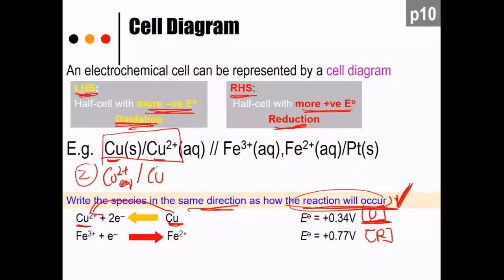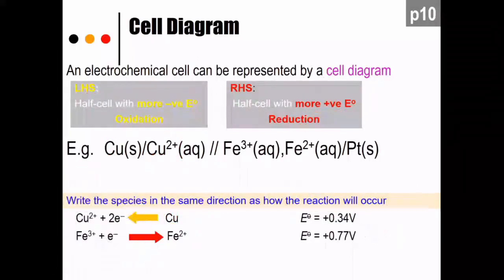So when you read from left to right, it must represent oxidation. Therefore, oxidation is where copper is oxidized to copper 2 plus. And hence, copper must come first, followed by copper 2 plus, because when I read from left to right, it must show the oxidation reaction. Okay, follow? So write in the same direction as how the reaction will occur.